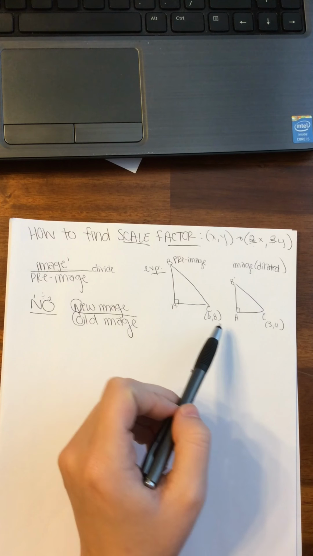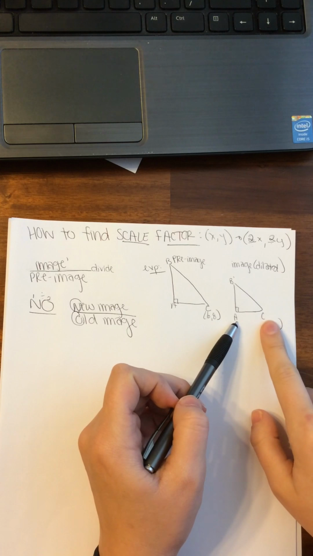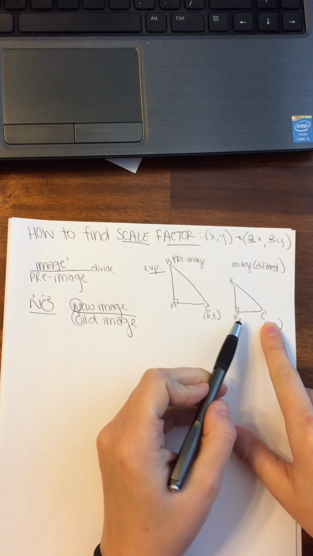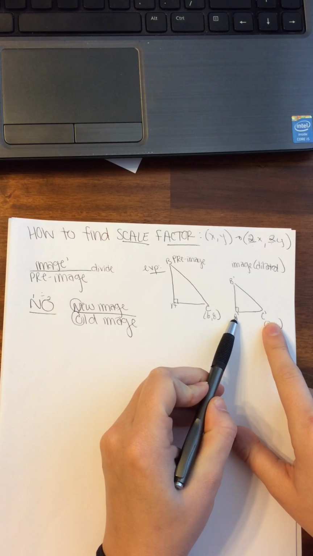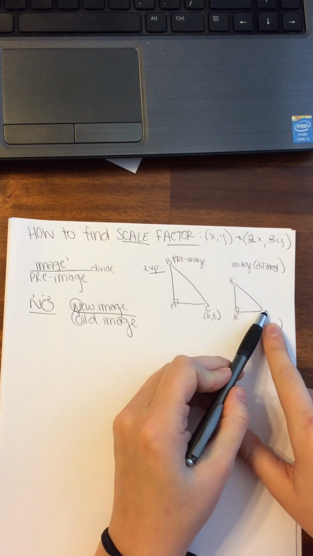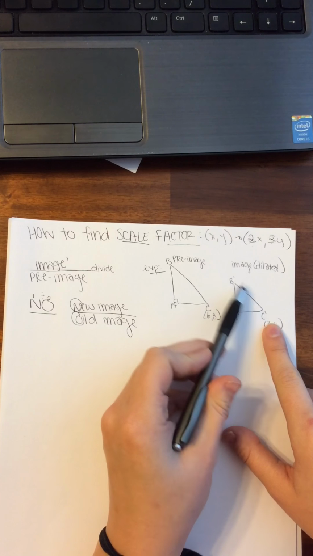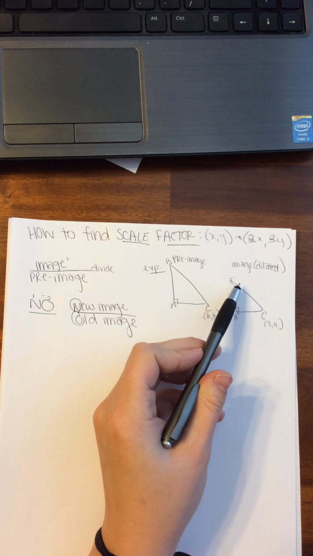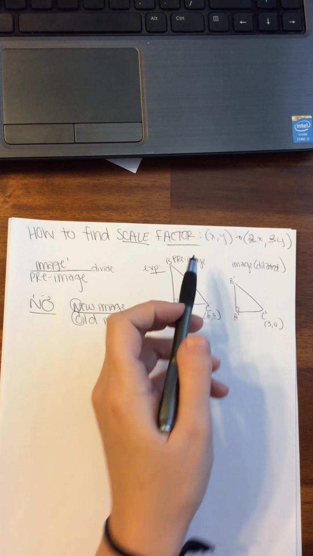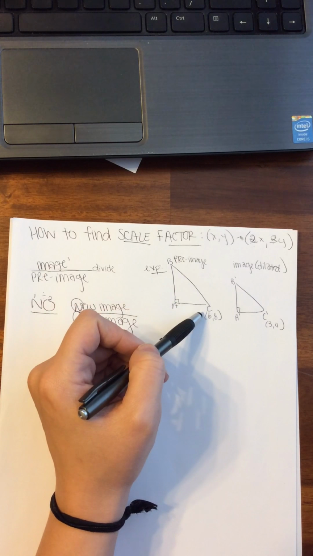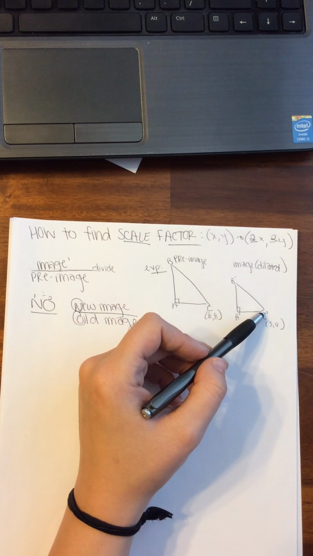So here's an example. I did forget to put the primes on these A and C, so make sure you add the primes, which are the little apostrophes, because this tells us that this is the image that was new, the image that was dilated. It's not going to be labeled pre-image and image. It'll be labeled A, B, and C, A prime, B prime, C prime.